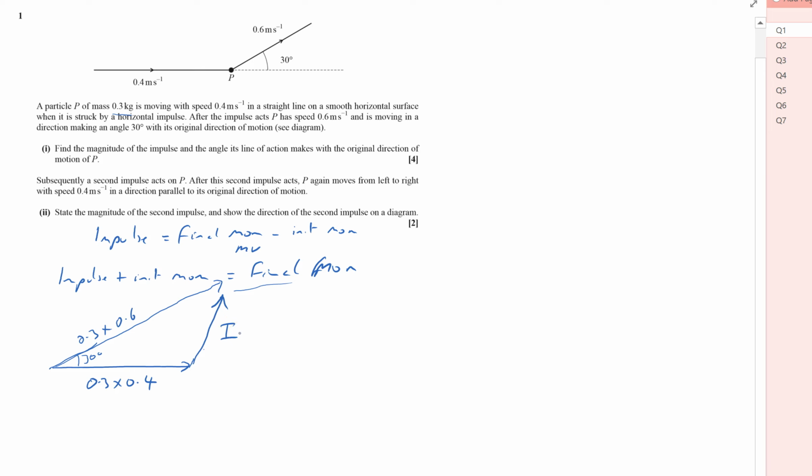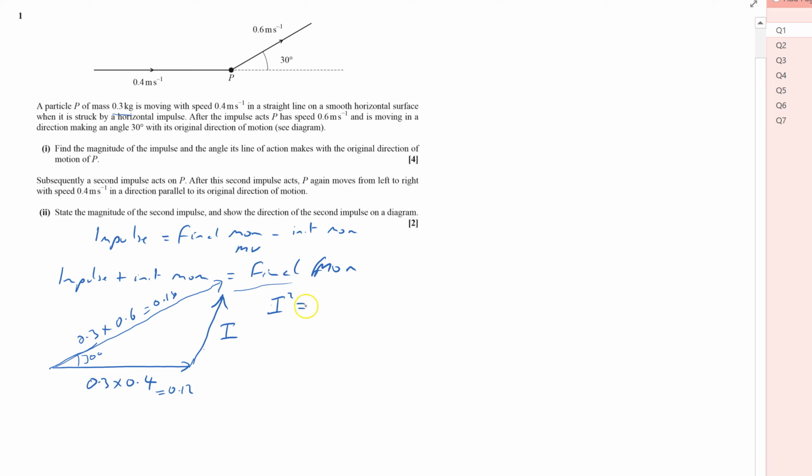And once I've got that, I can now work out what the impulse is, because I've got a triangle here and I can use the cosine rule. So I squared will equal, what's this? That's 0.18, and that is 0.12.